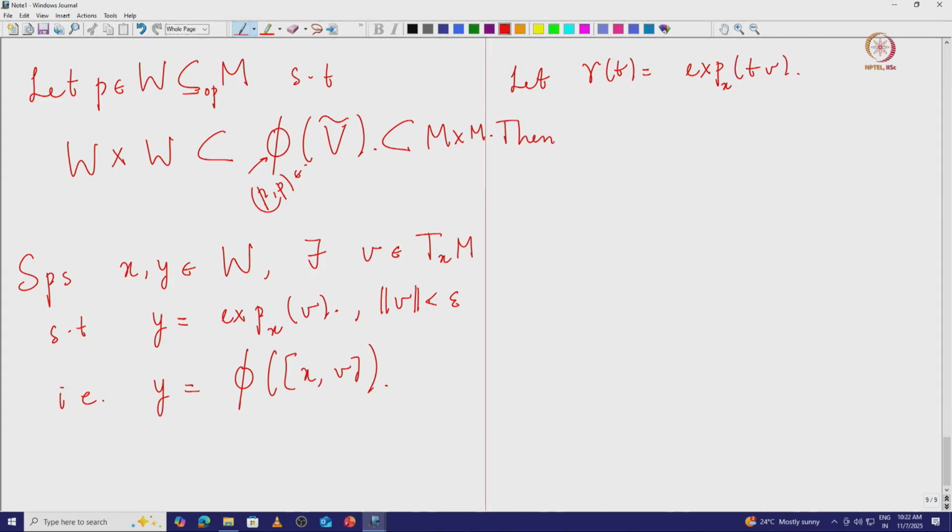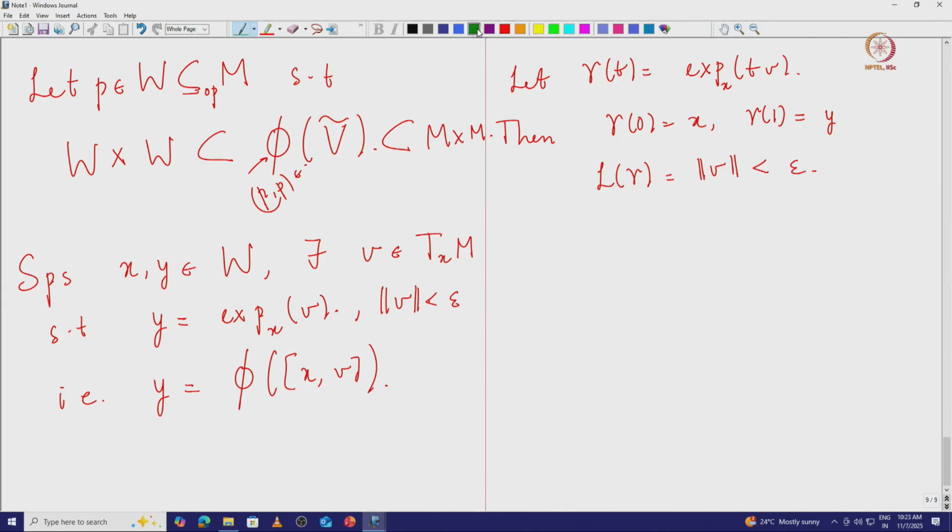So then clearly gamma of 0 is x, it is a geodesic obviously, gamma of 1 is y, and the length of gamma is basically equal to the norm of v, which is less than epsilon by our choice. Okay. So we have found a geodesic as claimed in the theorem.